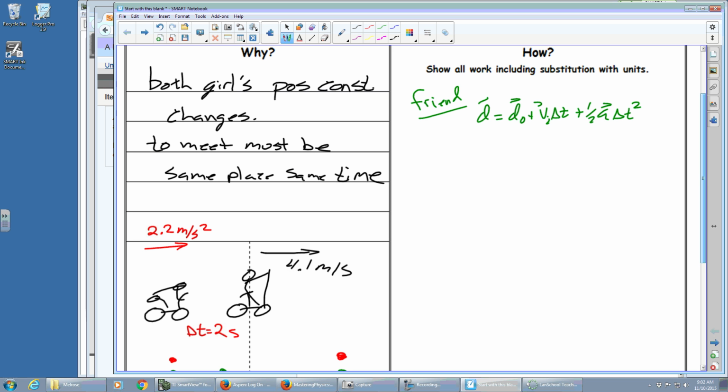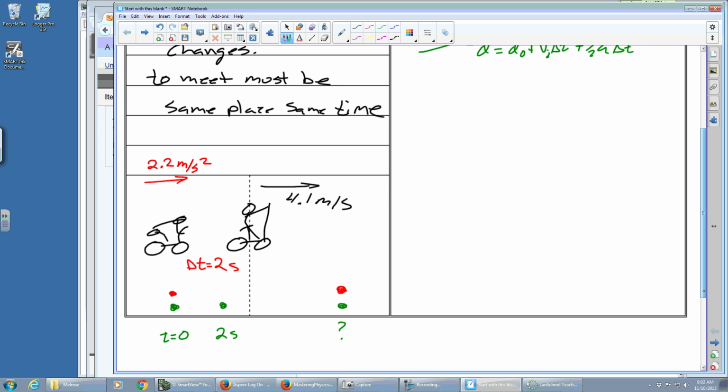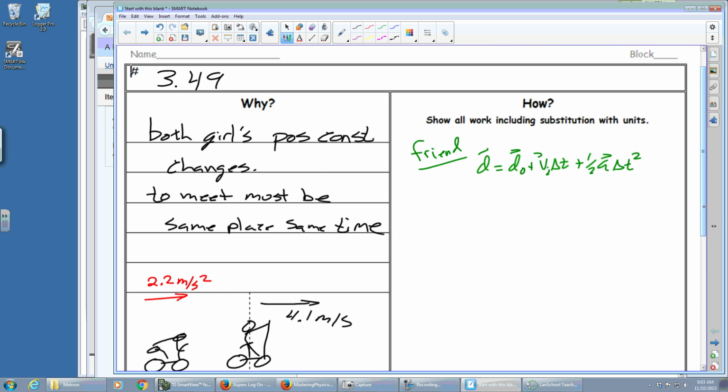And for the friend, we'll call the time t sub e, time at the end. And I know that at that time, you and your friend have to be at the same location.